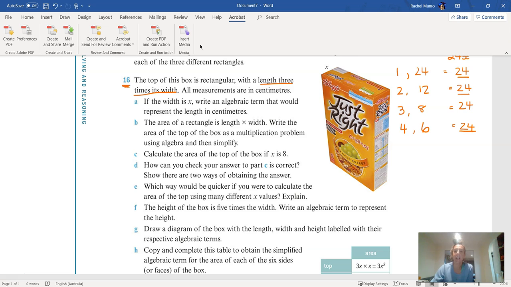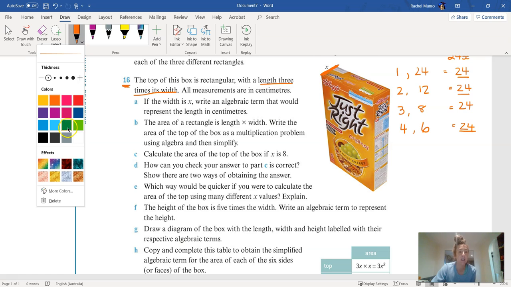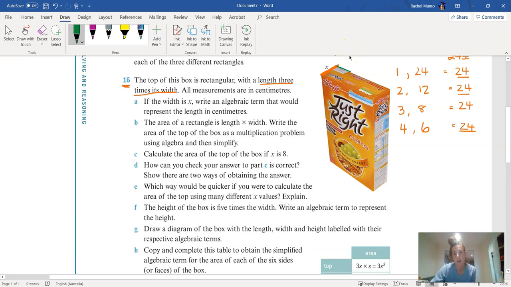If the width is x, so it's already told me that this width is going to be called x. Okay, so it's already said that that side length is x. Write in algebraic terms what would represent the length in centimeters. So this side, I'm just going to change color so that we can see this. All right.